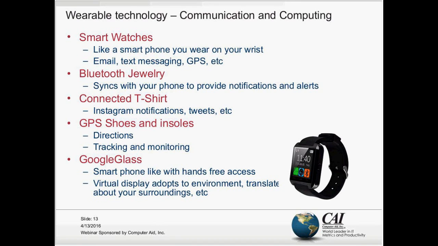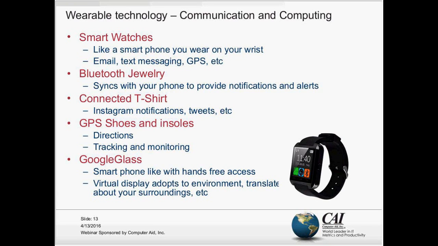Taking that a little bit further, there's Bluetooth jewelry that allows you to sync with your phone to provide notifications and alerts. So once again, it's a smaller version of your smartphone, not as packed with capability, but one that blends into your wardrobe more easily.